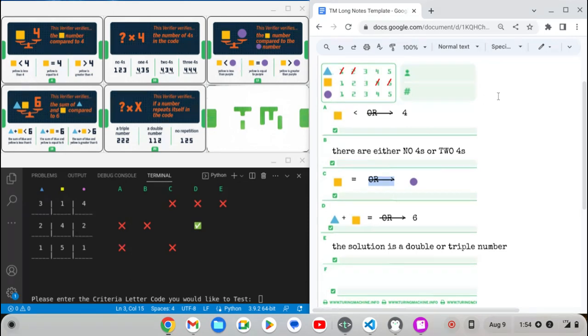So that means that circle cannot be 4 or 5, since we've already crossed out 4 and 5. Okay, and we still need a sum of 6. So we could still have that triple number in all threes. We could have 422. So this is interesting.